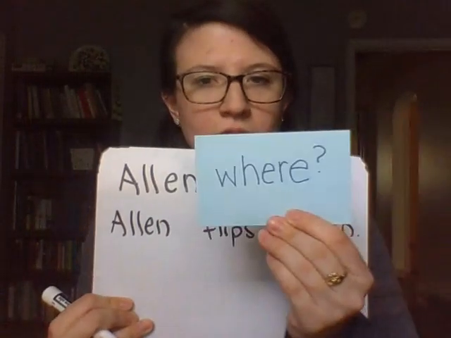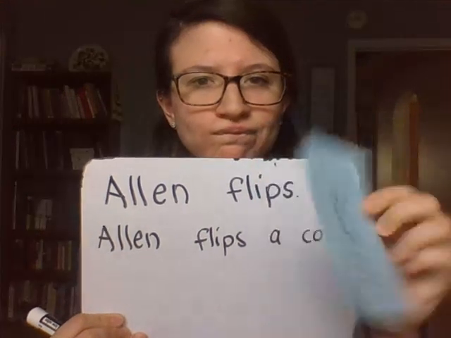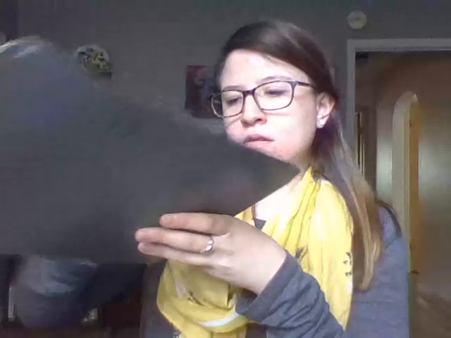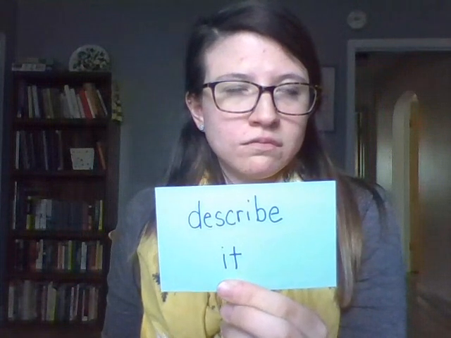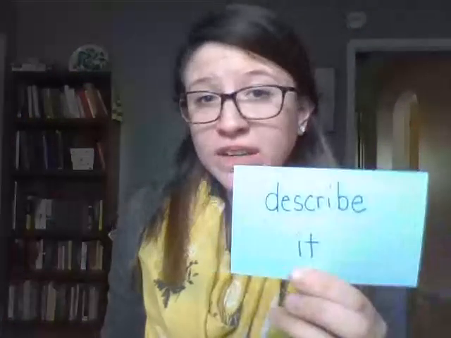Alan flips a coin. How about where? Where does Alan flip the coin? Alan flips a coin in the air. In the air. Let's describe the coin. I'm going to do a silver coin.